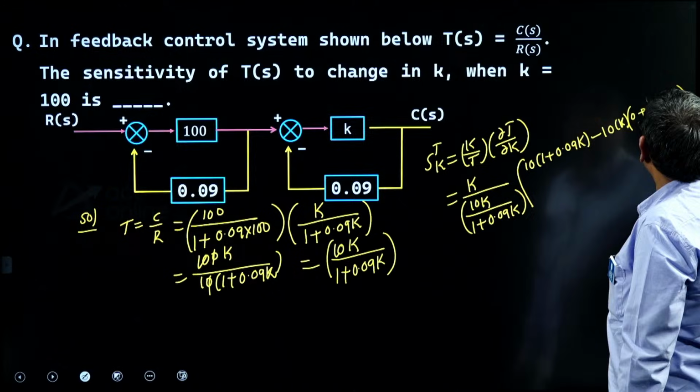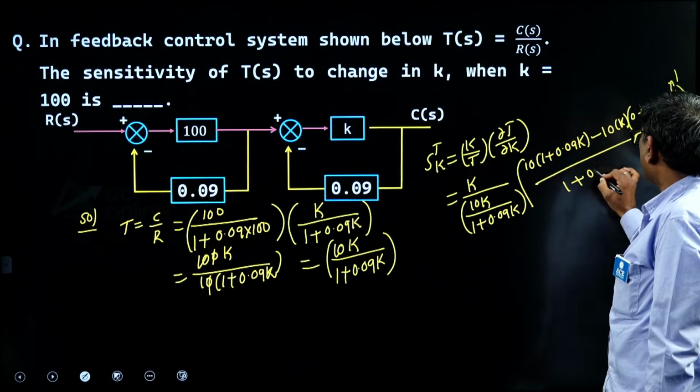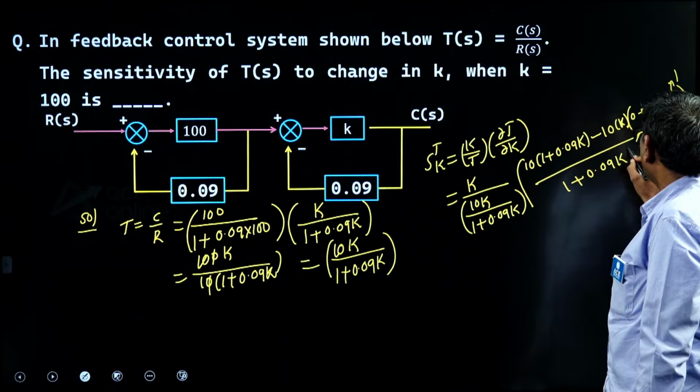Yes or no? K becomes 1, divided by 1 plus 0.09 K whole square.